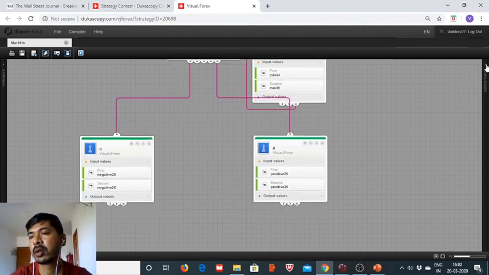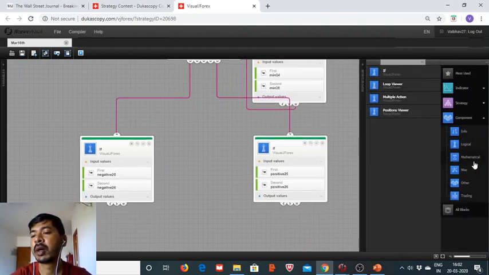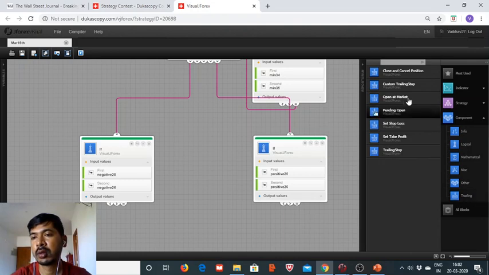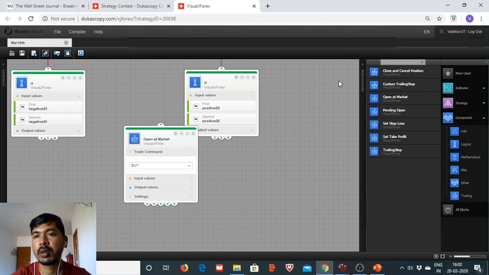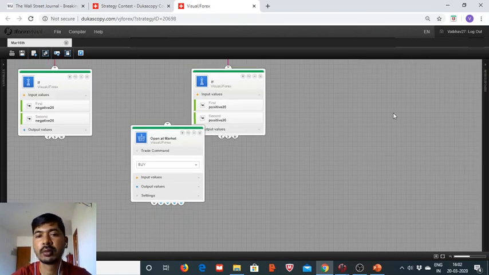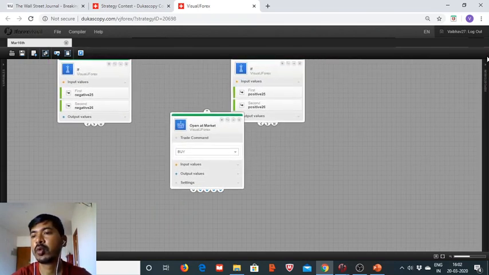Now let's bring in the market open blocks. For the day, we are going to simply use the market open. We will need two of these.